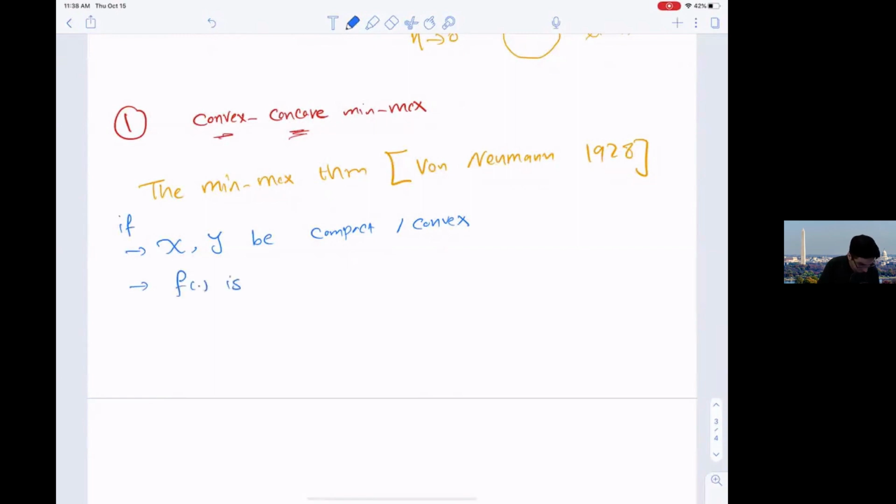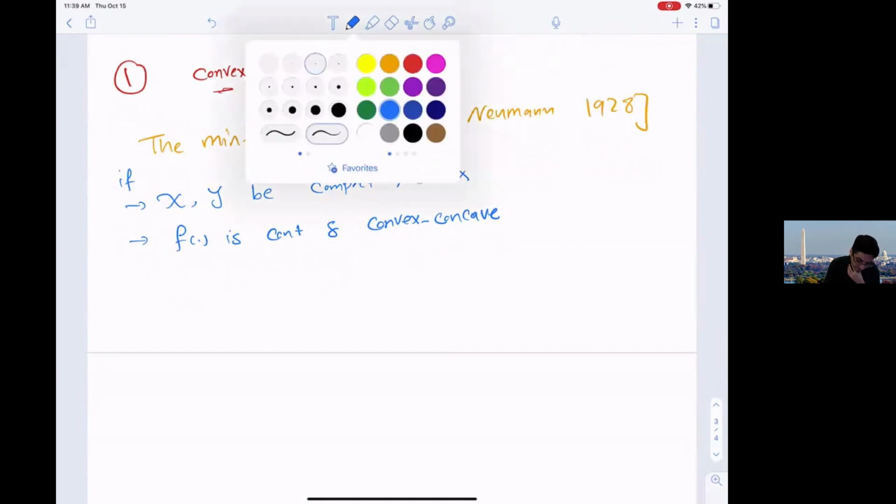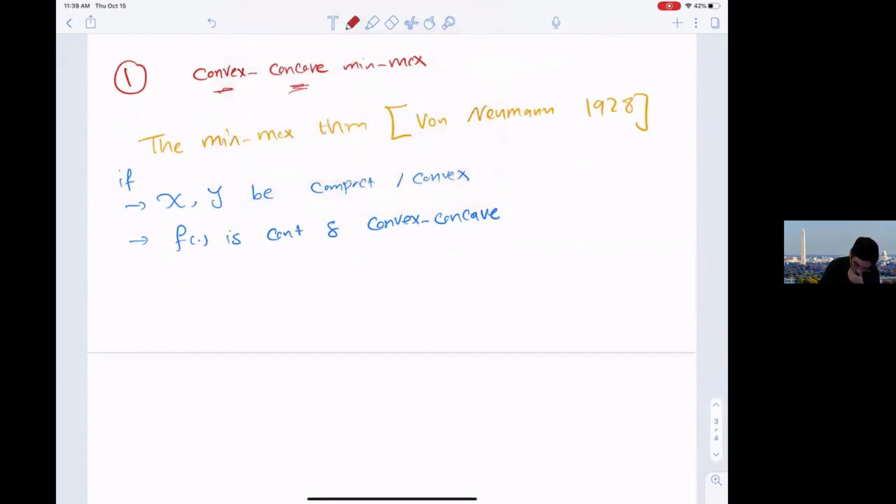moreover, if my objective function is continuous and convex concave, so first of all, there are several results that we can say in this setup. Okay, so the first result is probably the most famous one, that we can switch between min and max.